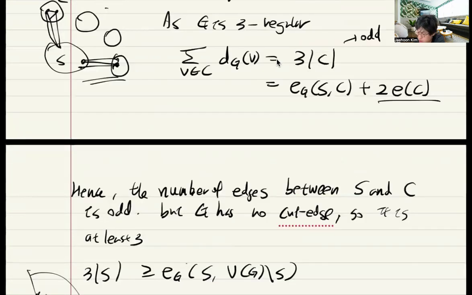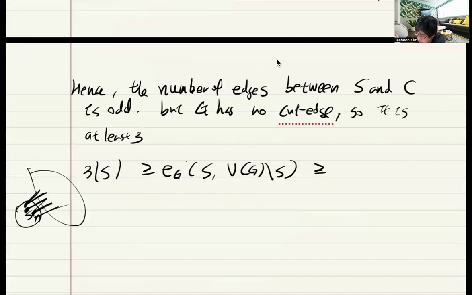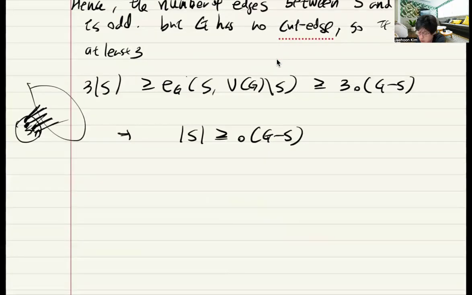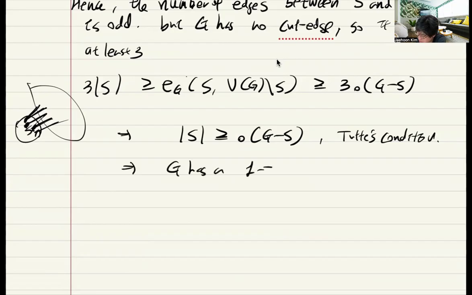But also what we showed is that every odd component sends at least 3 edges to S. This shows that the number of odd components in G minus S is at most |S|. This provides the Tutte condition. Hence, G has a one factor. So this proves what we want.